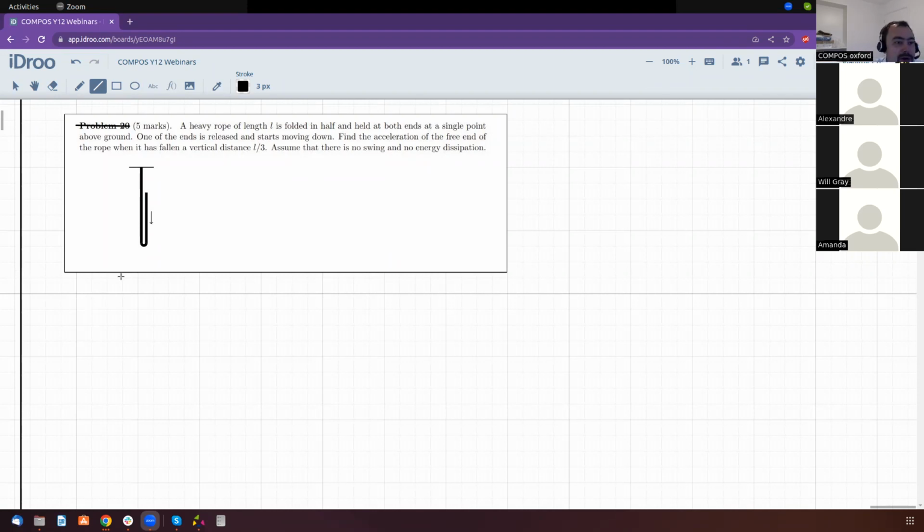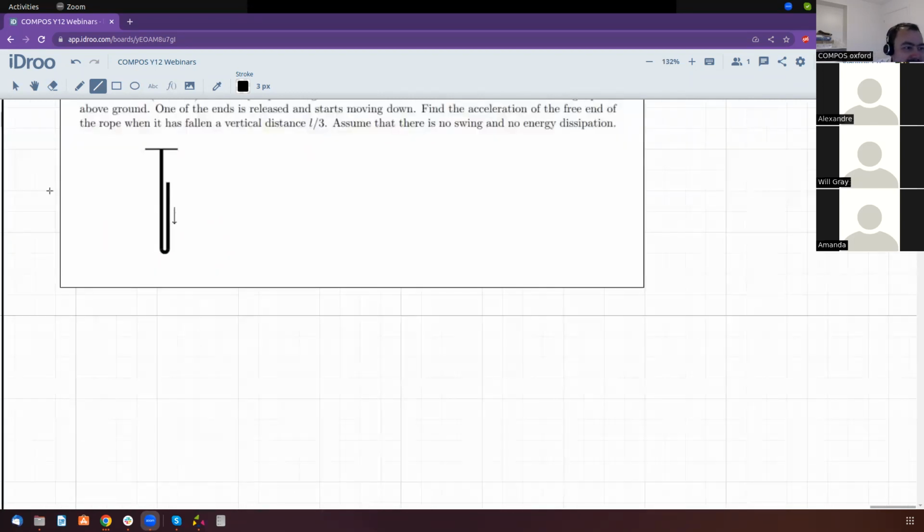A heavy rope of length L is folded in half and held at both ends at a single point above the ground. One end is released and starts moving down. Find the acceleration of the free end of the rope when it has fallen a vertical distance L over 3. Assume that there is no swing and no energy dissipation. So on one hand, it seems like this end of the rope is in free fall.